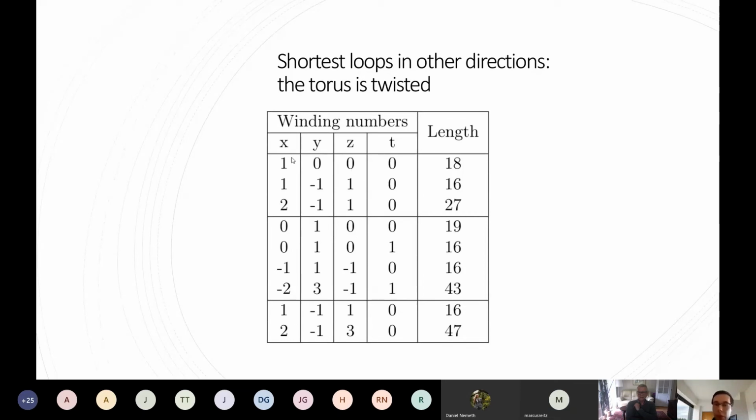So, for example, the shortest loop of winding numbers 1,0,0,0 has a length 18, but there is a loop of winding numbers 1,-1,1 of smaller length, and there's even a loop of winding numbers 2,-1,1 with a length 27, which is much less than twice 18. So this tells us that the torus is also not rectangular, it's twisted or skewed in some way, so that the shortest path goes askew, goes in some non-cardinal direction.